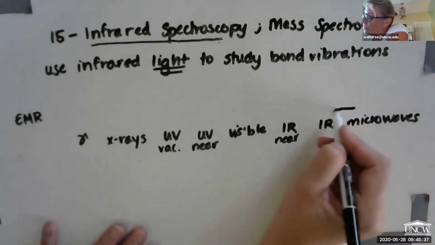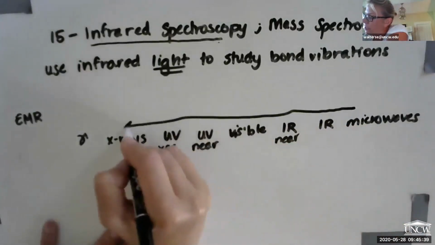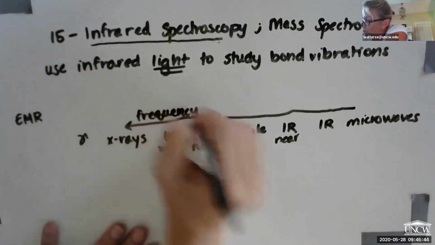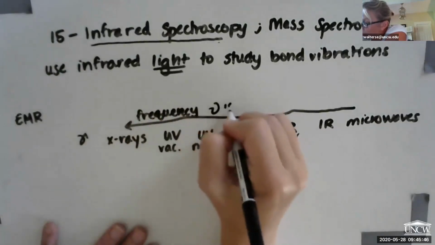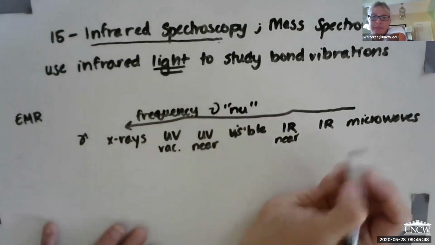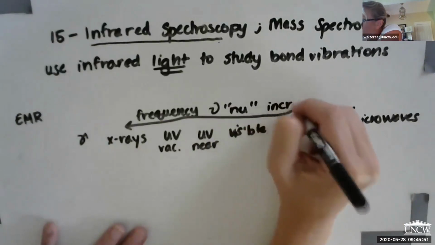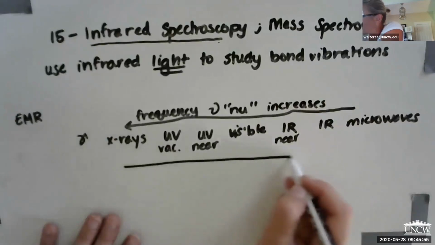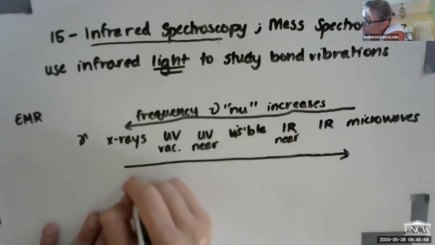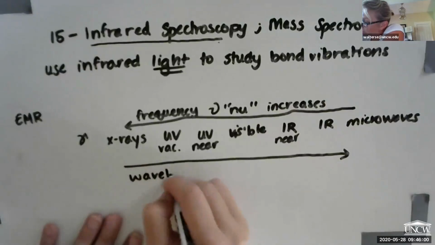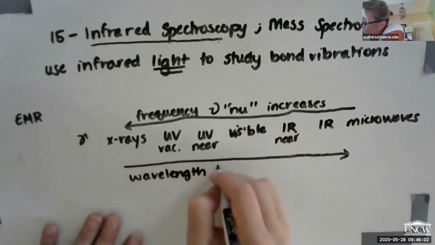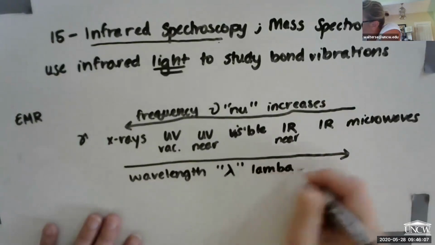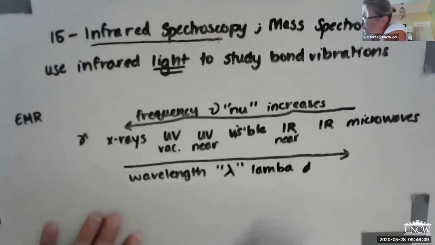As you go in this direction, the frequency, which is given the symbol nu, like a fancy little v, increases. As you go in this direction, the wavelength, or lambda, increases.